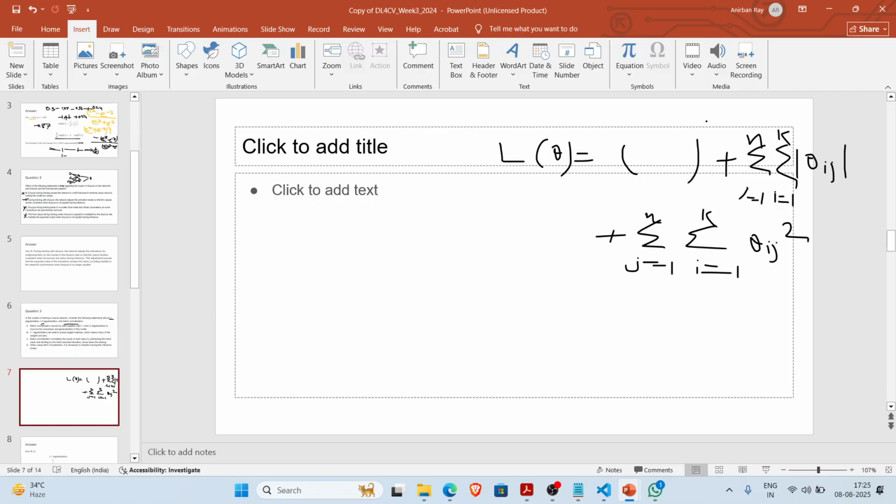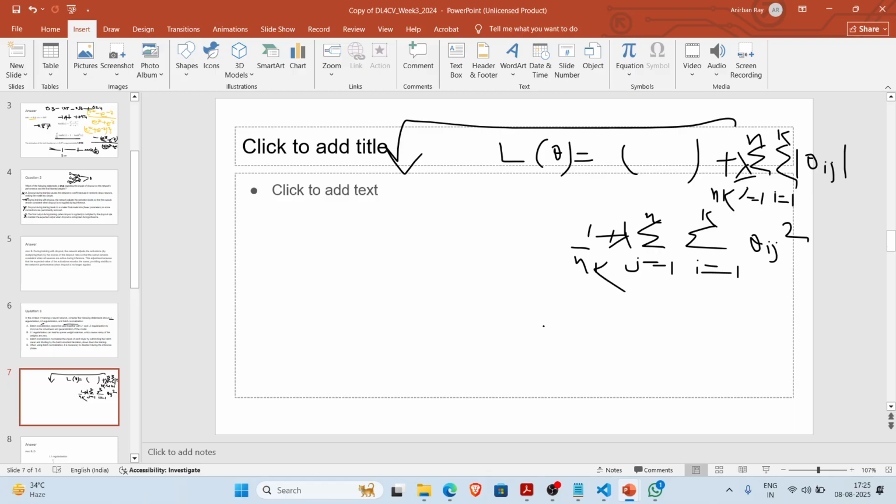Now in L1 regularization, which is this one, what happens is that it induces sparsity. First, in any regularization, you're attaching, acha, here also there is a lambda factor which determines how much regularization you want. And to normalize that, it is divided by n and k, so that it does not blow up during training.